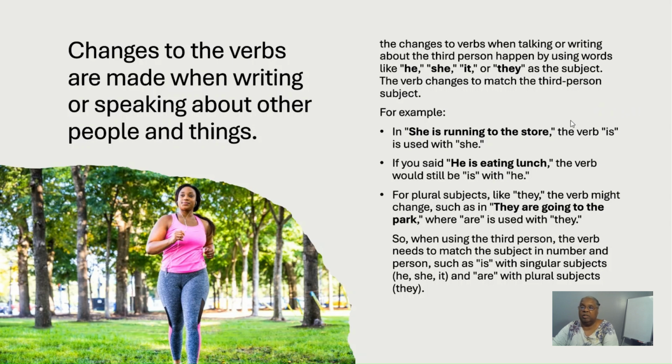For example, in she is running to the store, the verb is used with she. If you say he is eating lunch, the verb would still be is with he.